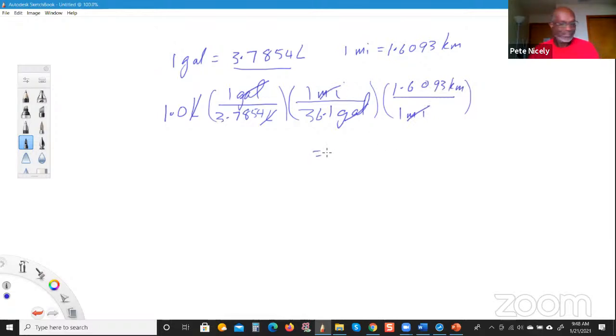Where's my calculator? Okay, I think this is the working one. This is the calculator that is acting up. Let me try this one here.